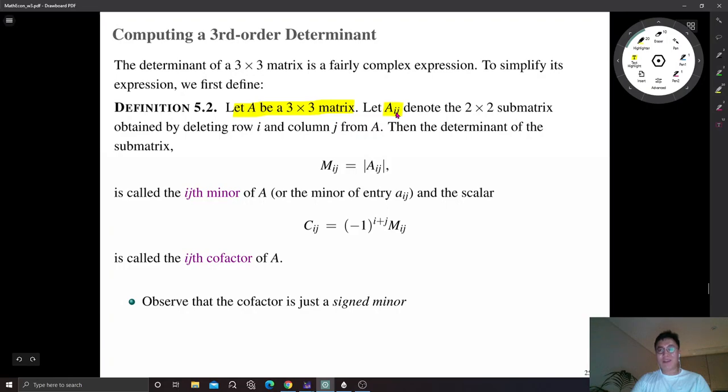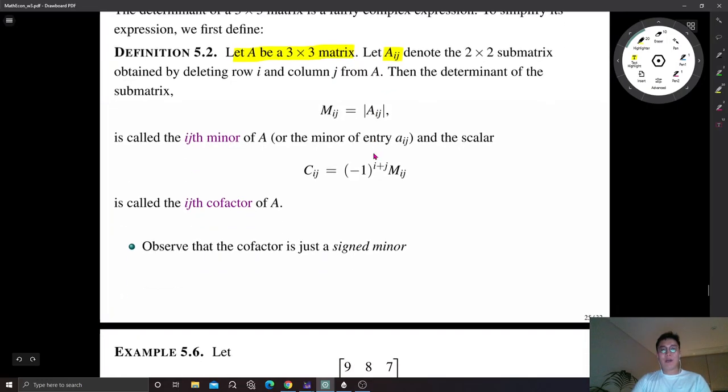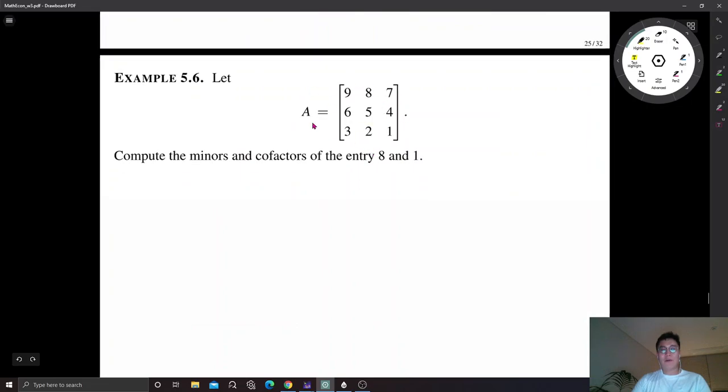This is not the ijth entry, but a 2 by 2 sub-matrix of the original matrix A, which is obtained by deleting the ith row and jth column from matrix A. Let me show one example using the next slide.